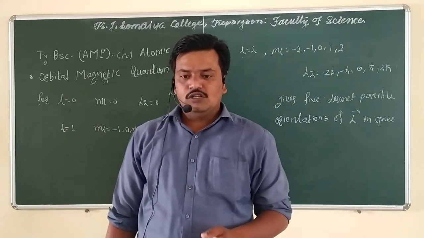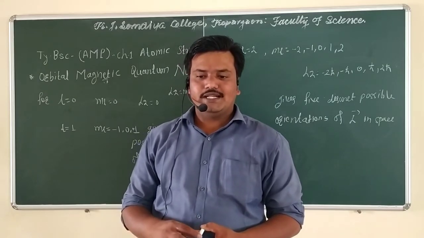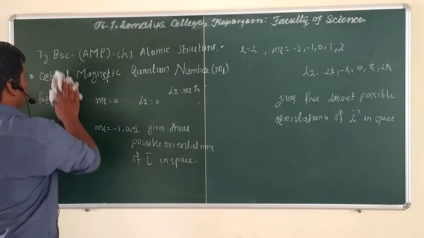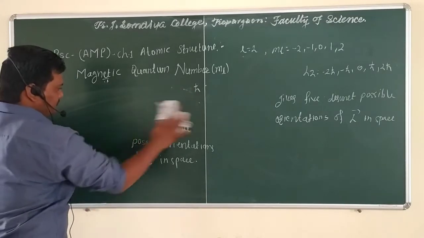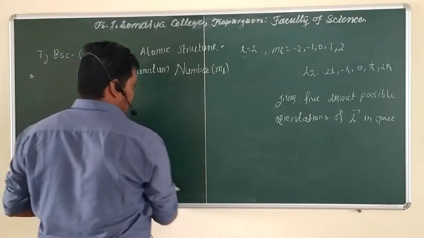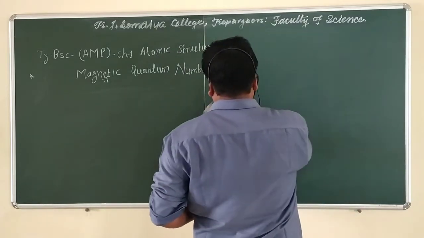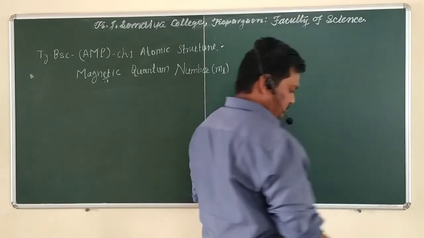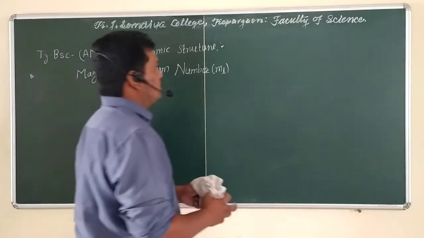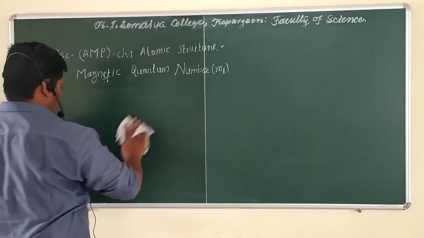So now the next point we have seen here is the spin magnetic quantum number. First of all we have to see here, according to quantum mechanics only 3 quantum numbers are there: the principal quantum number, orbital quantum number, and orbital magnetic quantum number.